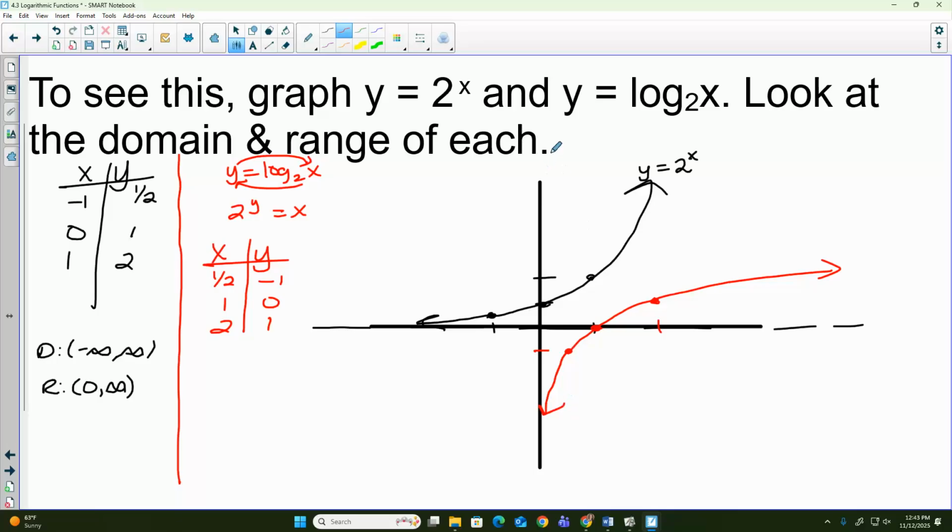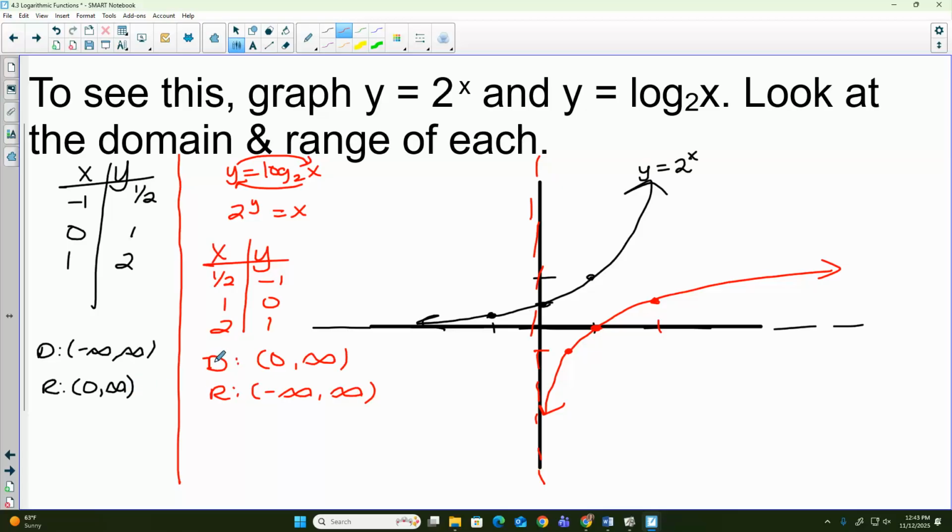So you noticed the exponential had a horizontal asymptote. The log has a vertical asymptote. What is the domain of this log? And what's our range? Okay, if I look, the domain of the first is equal to the range of the second.